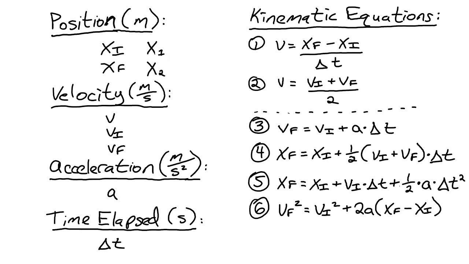Either way, what these represent is an initial position and a final position. And however they want to go about describing the subscripts is up to them, and it's completely fine. It really should be a little bit more standardized, but it isn't.